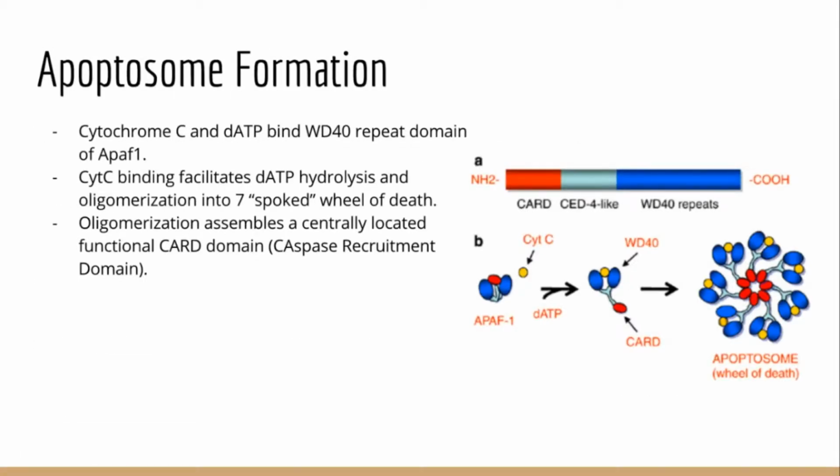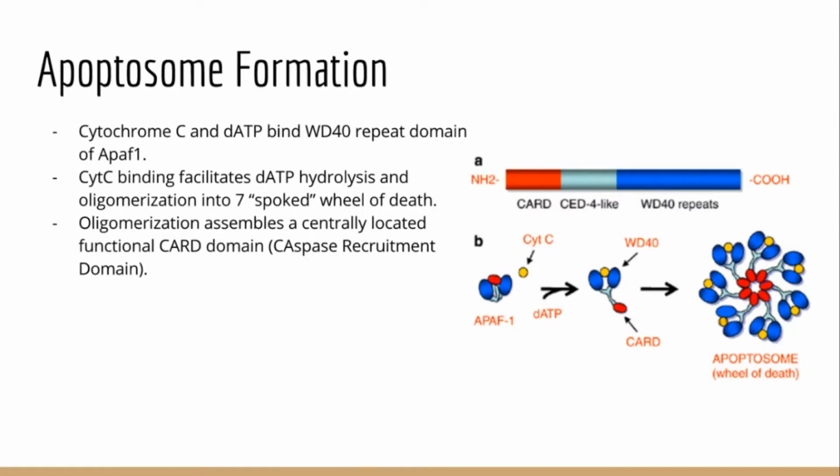Once cytochrome C is released from the mitochondria, it promotes the formation of a large complex called the apoptosome. The apoptosome is also called the wheel of death, and it's formed from 7 oligomerized APAF1 subunits. Cytochrome C is able to bind one of these cytosolic APAF1 monomers at its WD40 repeat domain, and it facilitates the hydrolysis of dATP, which causes these APAF1 subunits to then oligomerize.